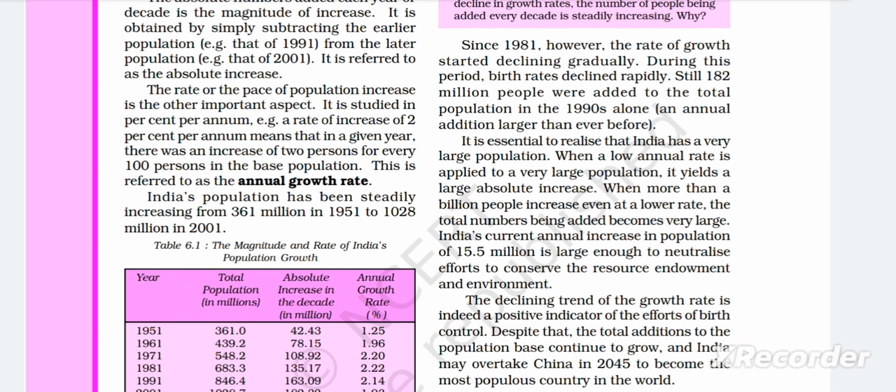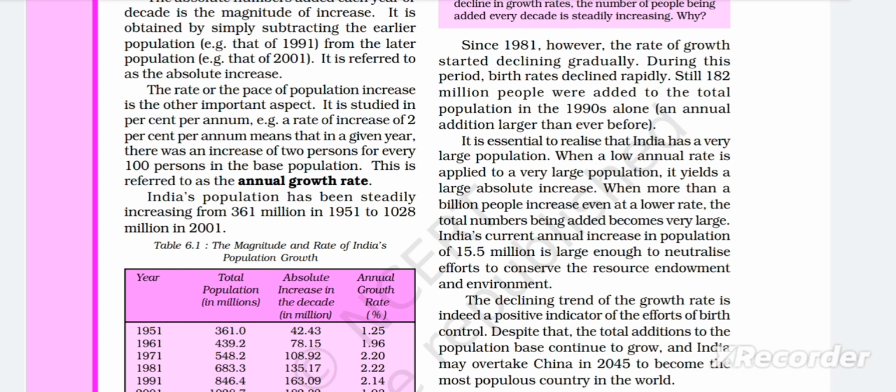You can take an idea from an example. You have to find out the 2% of 1000, that will be equal to 20. And if you have to find out the 3% of 500, that will be 15. 3% is more than 2%, but still the answer is lower than the 2% of 1000, that is 20. There is a difference of 5.